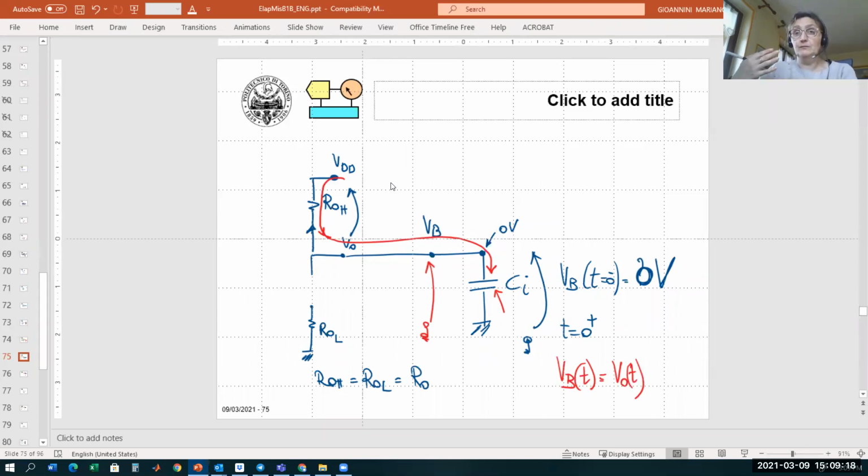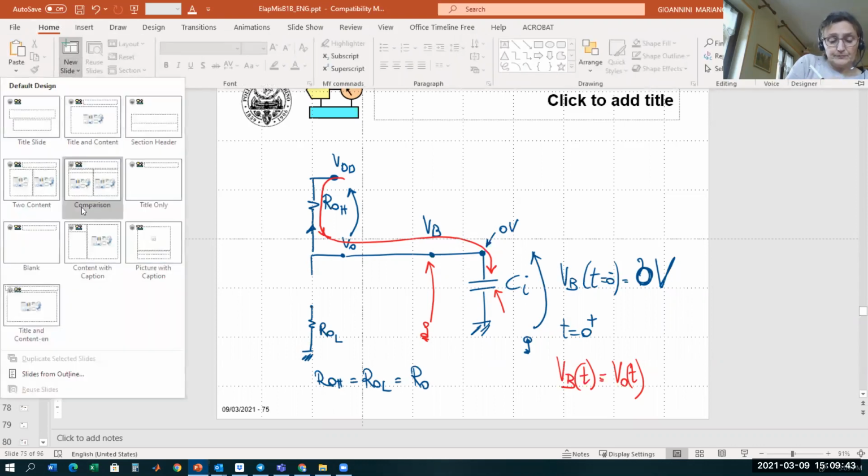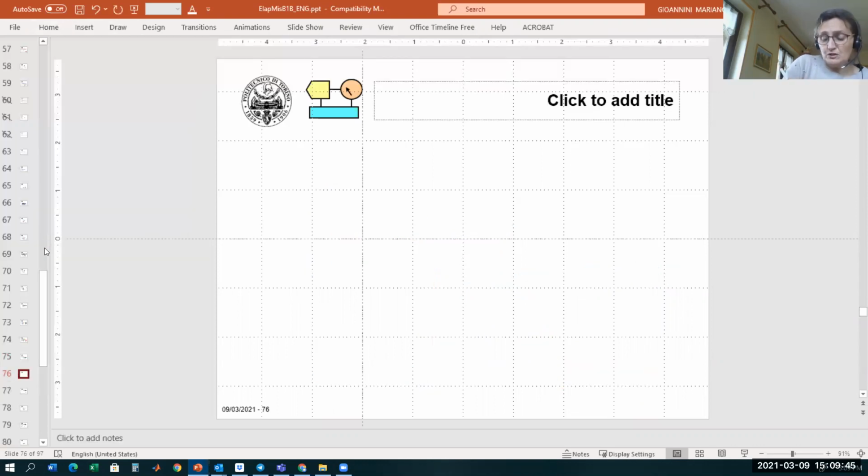This transient, you recognize, it is the transient of which type of circuit? Which is the circuit that you recognize here? An RC circuit, yes. You recognize that immediately after the switch, I have an RC circuit.